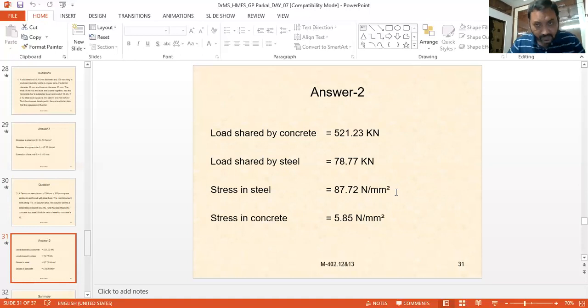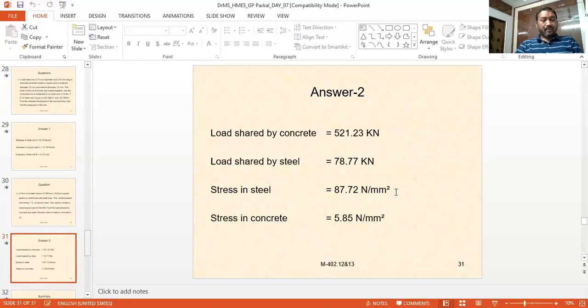Here we should observe that even though the area occupied by the steel is less, it will share more amount of load, whereas the concrete will occupy more area, and accordingly it will share more amount of load, whereas the steel will occupy only 1%, even then it will take more amount of the load, that is 78.